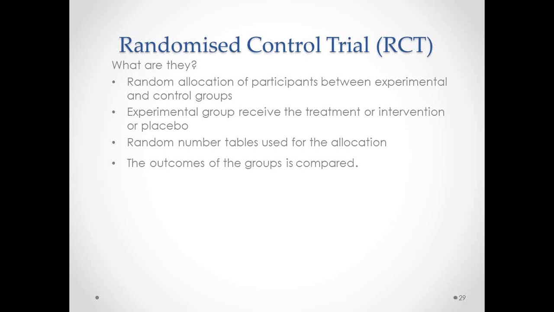If we're doing a drug trial, I'm sure all of you are familiar with different drug trials where one group receives a new drug, one group receives the old drug, and one group might receive a placebo. And then we've got elements of randomized groups, and we compare the outcomes of each of the groups.